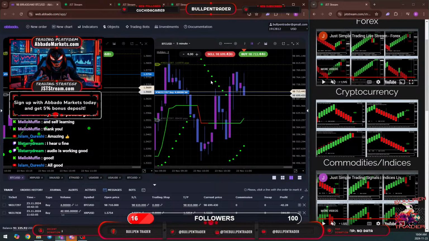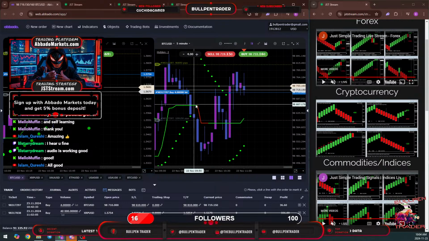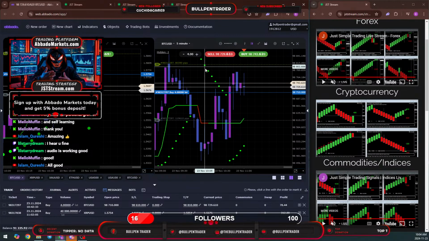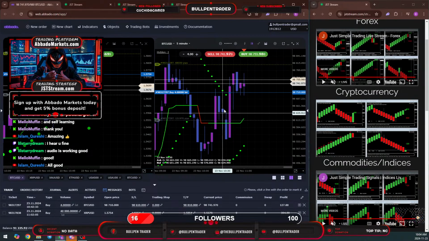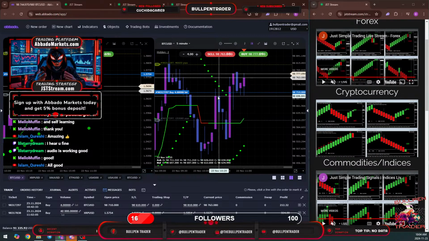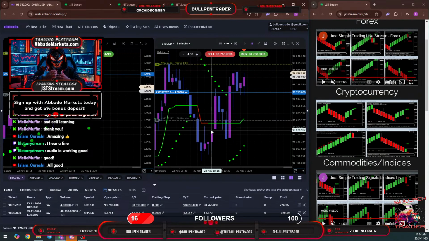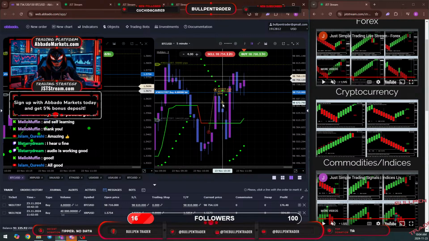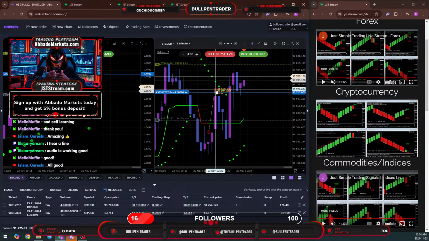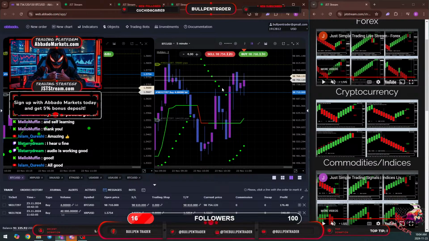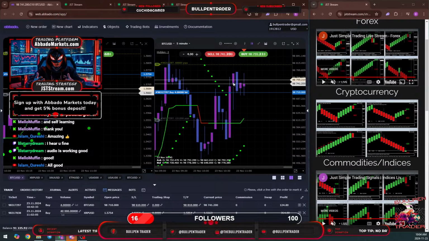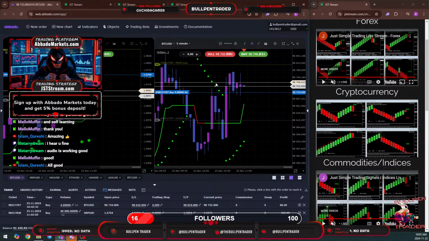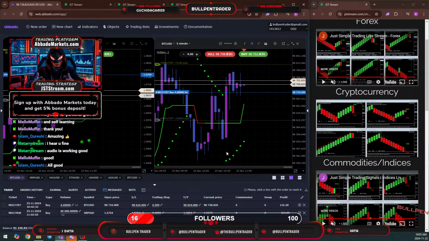So right here, for example, the super trend went red. The PSAR was red as well, but then the super trend went green over here. That would have been a possible pullback or reversal, but we wouldn't have been looking to enter that because the other indicator was not confirming it. So we would have been waiting for both to tell us the same thing, which they did right here actually.